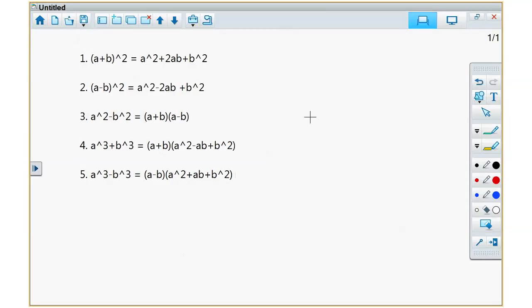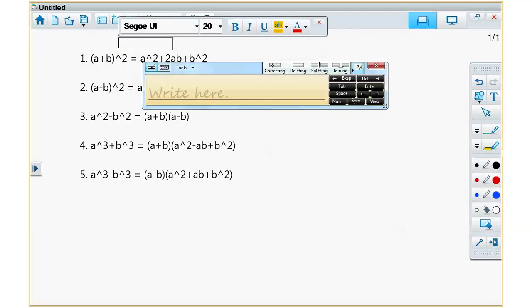So again, the way that you use them, you can go either way. If you go this way, it's factoring. If you go this way, it's multiplication. These three are a little bit different. It's backwards.